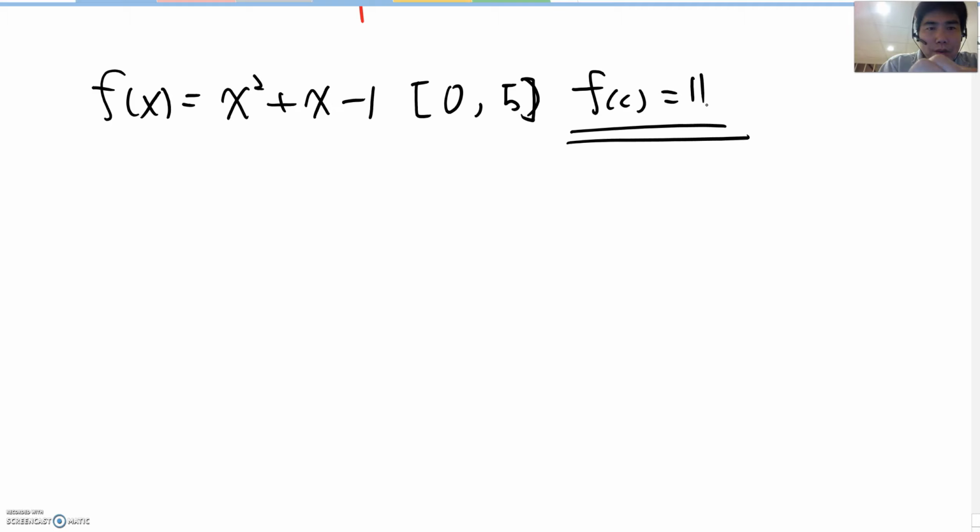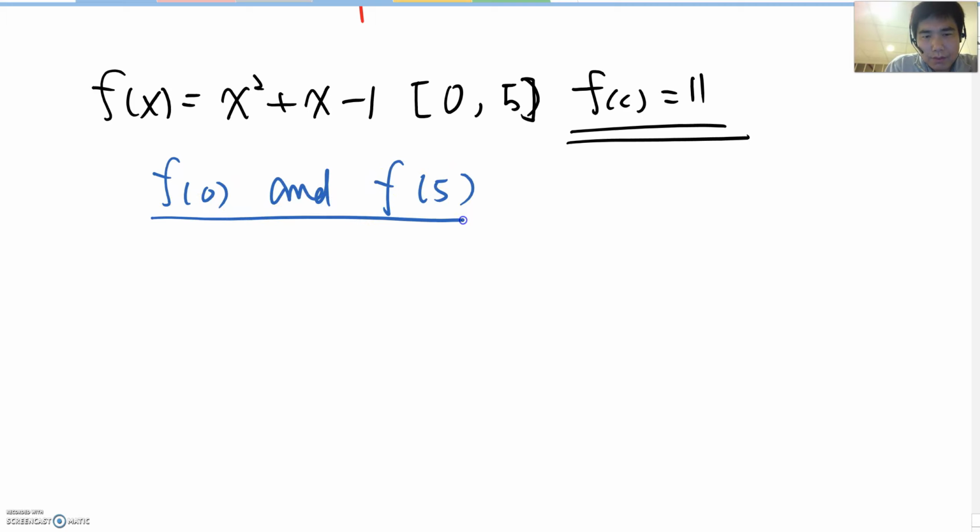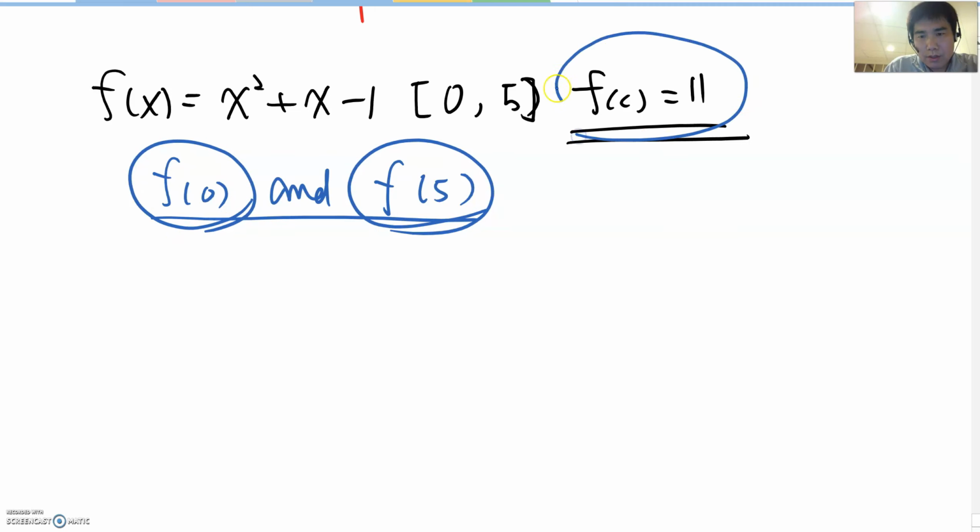As we did before, the first step is finding f(0) and f(5) first, and then we should make sure this output covers this output. Then we can apply the intermediate value theorem. And one more thing: this is a polynomial function, so we can say this is a continuous function.